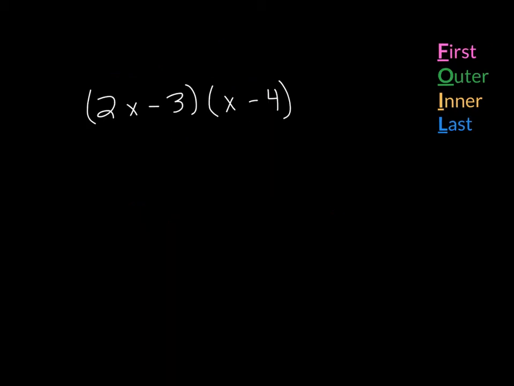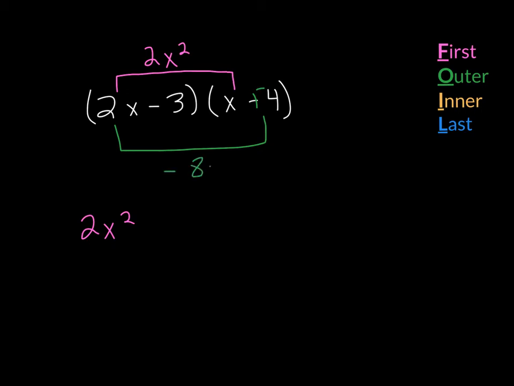All right, let's look at another example. The first means the first in each binomial. So that would be 2x and x, which gives us 2x squared. Then we look at the 2x on the outside, or the outer. 2x, now look at this as plus -4, which would give you -8x.